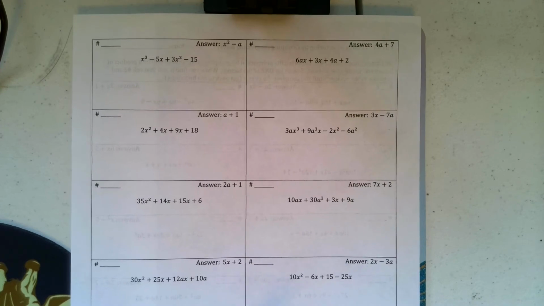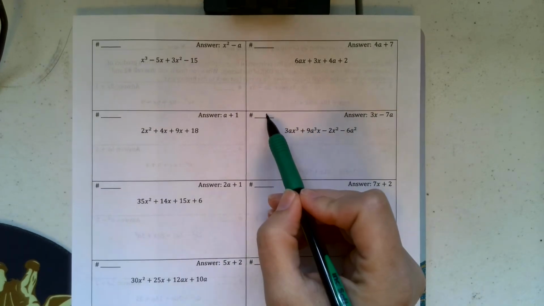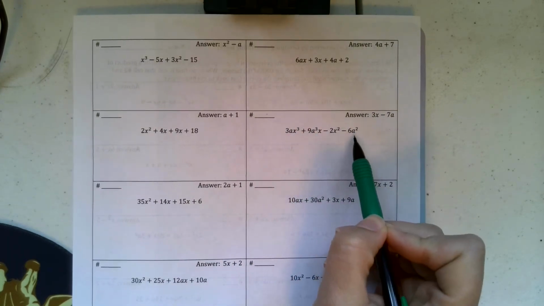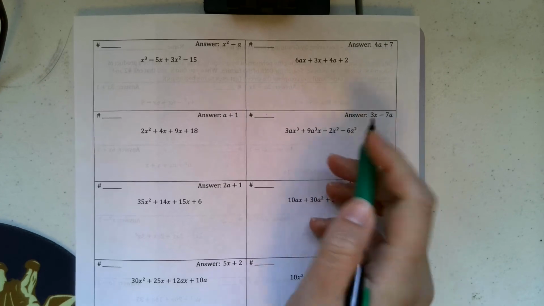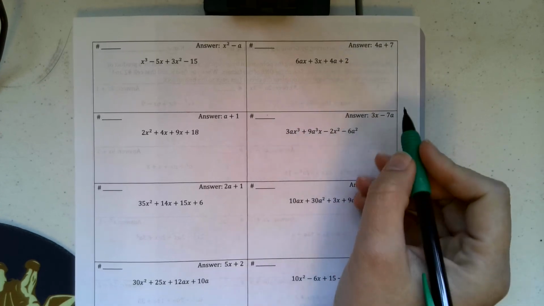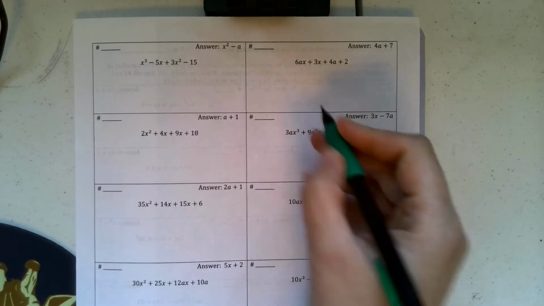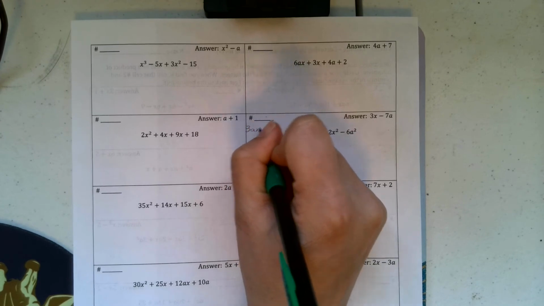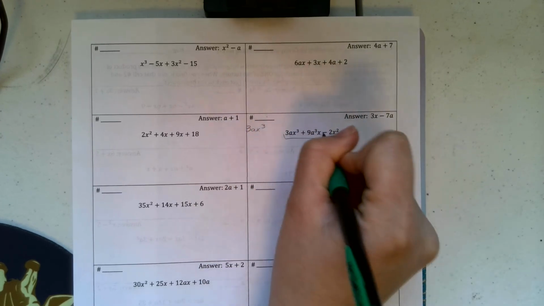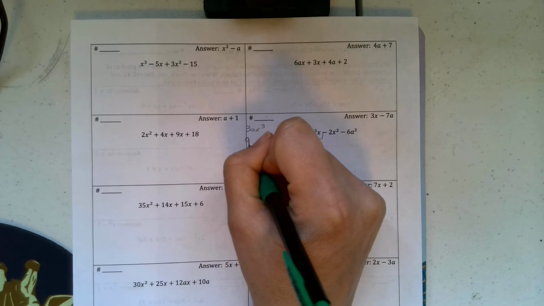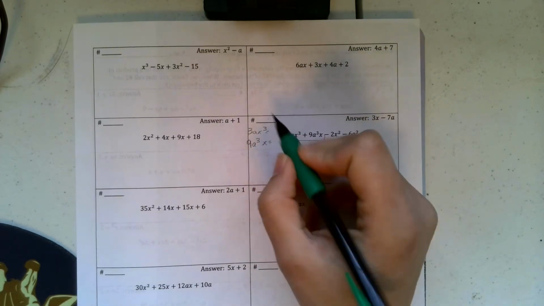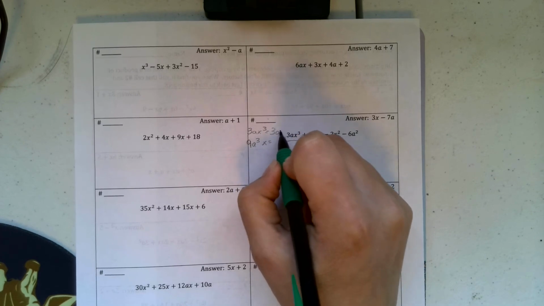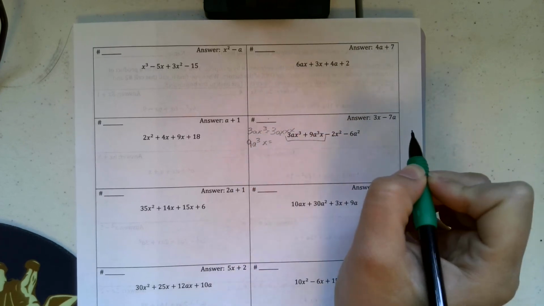So on the back, I don't know which number it's going to be, but let's go ahead and solve this one. I suspect this might be that final one, this may be 16. But let's look at this. So 3ax cubed and 9a cubed x. What do these have in common? So we have a 3, a, and 3 x's.